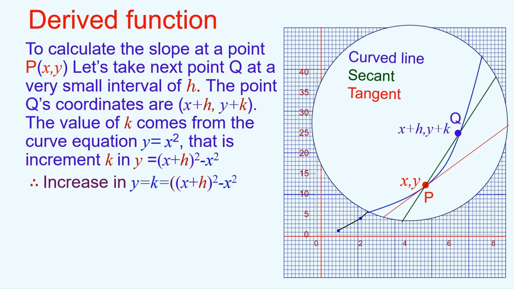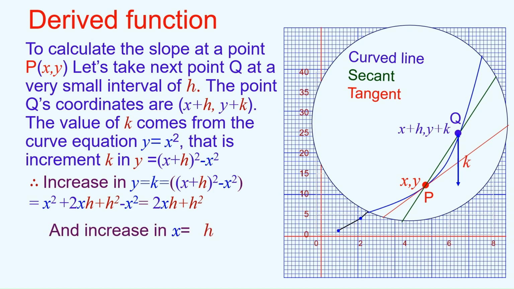Therefore increase in y, k, equals (x plus h) whole squared minus x squared, equals x squared plus 2xh plus h squared minus x squared, equals 2xh plus h squared. An increase in x equals h.